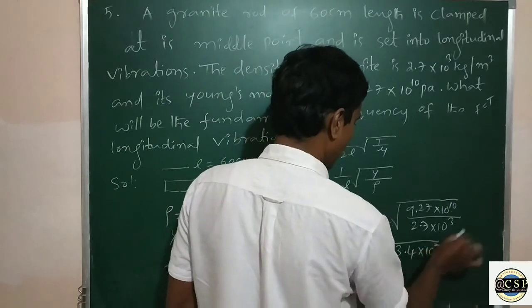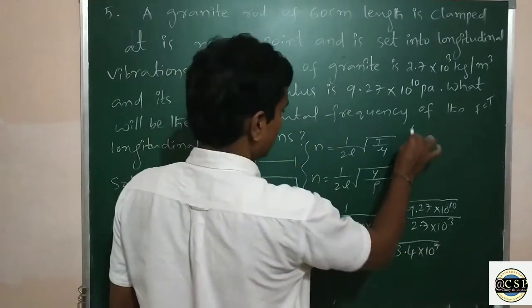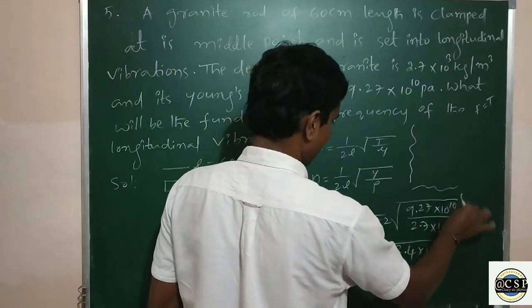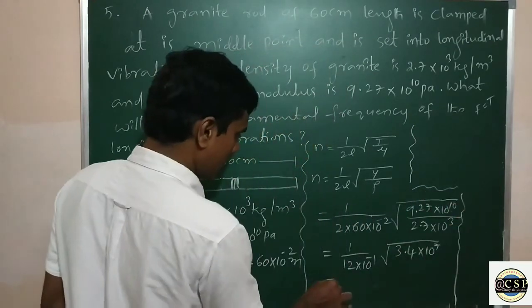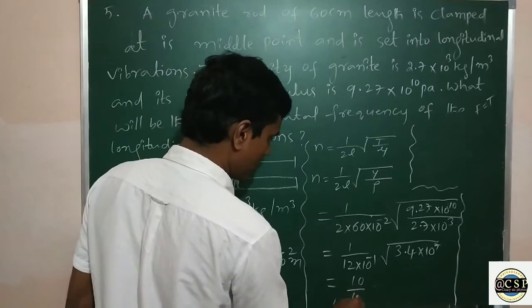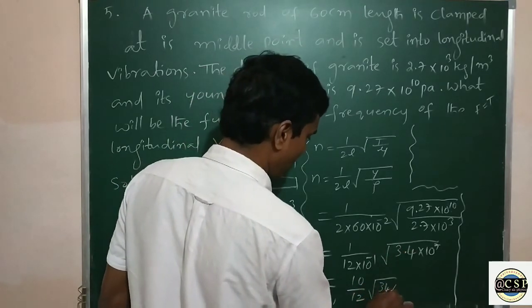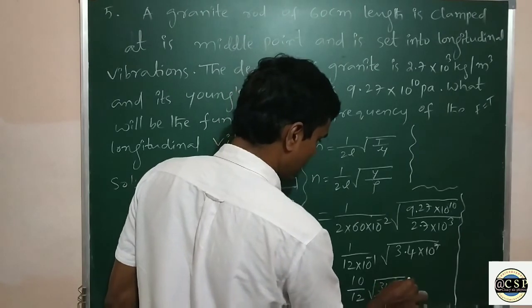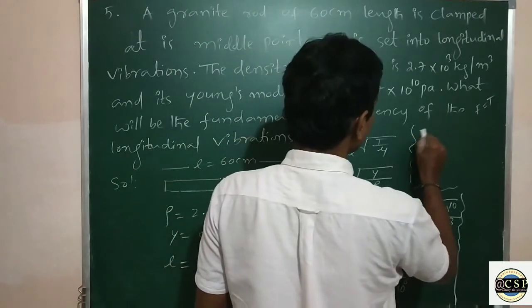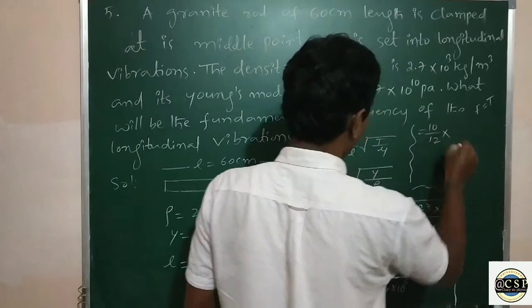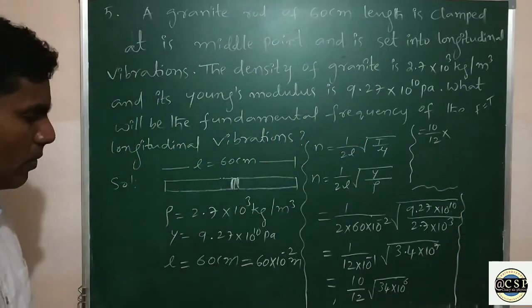Here it is written, 10 by 12 root 3.4, 34 into 10 power 6. Now that is equal to 10 power 12 into root 34.